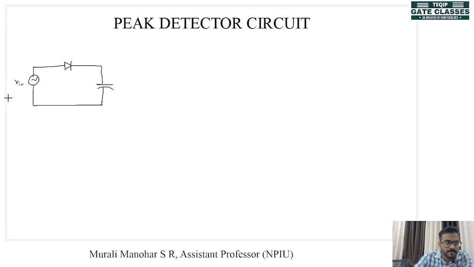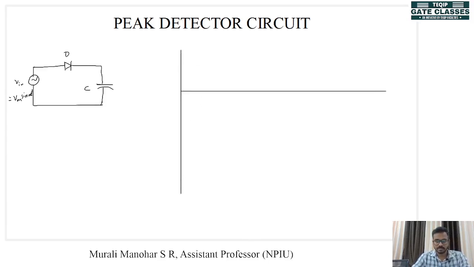This is Vin, which is Vm sin omega t, diode D, and capacitor C. Our output, we will see what the output looks like.